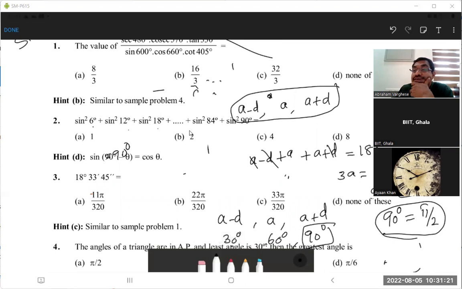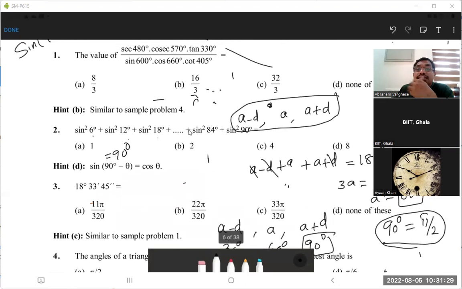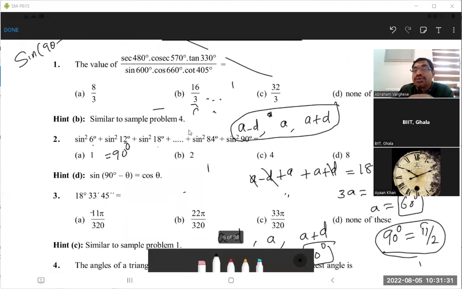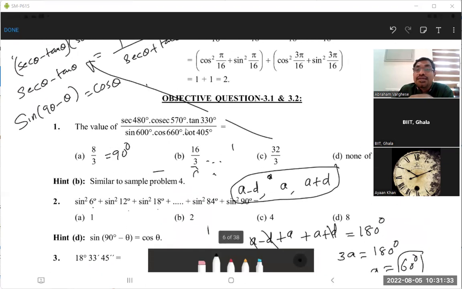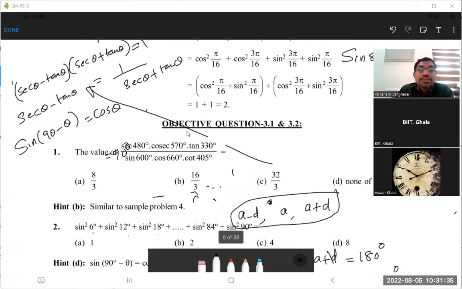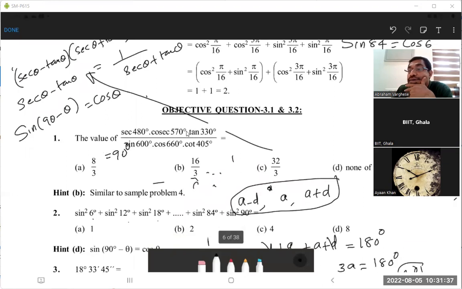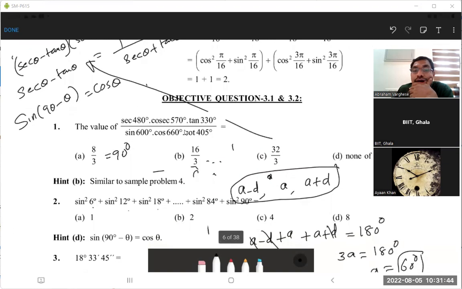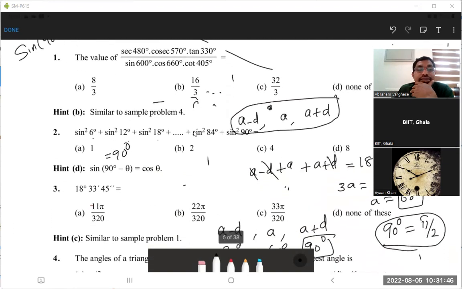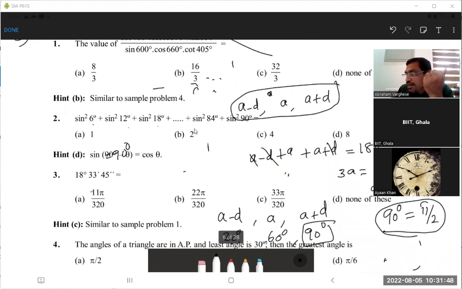Otherwise, if the basics are not clear, then I cannot proceed further. And this note is above average. Clear now? Yes, sir, everyone is saying it's clear. Okay, fine.